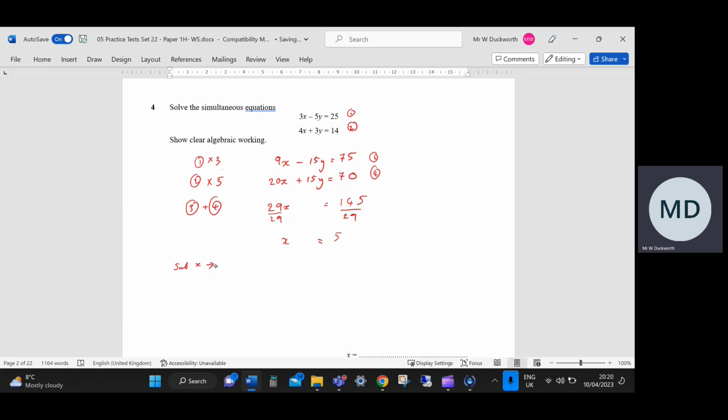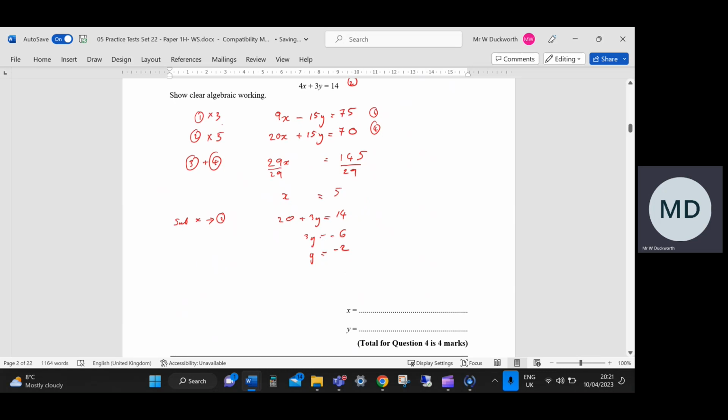So from there, I'm going to substitute my value of x into one of my initial equations, and I'm going to go for equation 2 to avoid the negatives. So 4 lots of x would become 20 plus 3y is equal to 14. So minus 20 from both sides, 3y would be equal to minus 6, so y is going to be equal to minus 2.